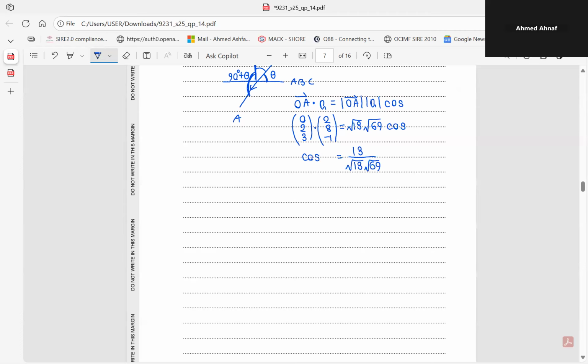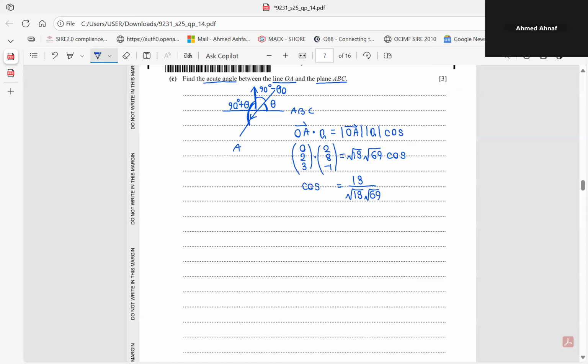And since our value of cosine is positive, we can confirm that the angle between the normal and the line is not obtuse. So we can get rid of this case, and we can make our cosine of 90 degrees minus theta equal to square root 13 over 69.